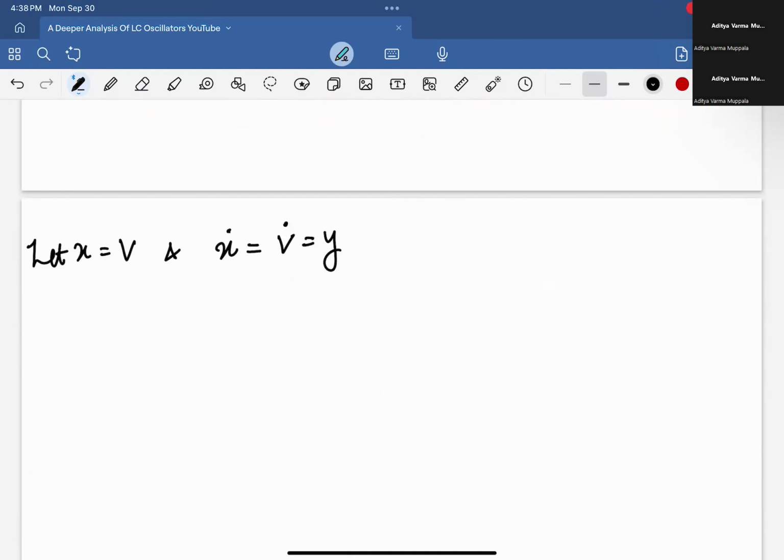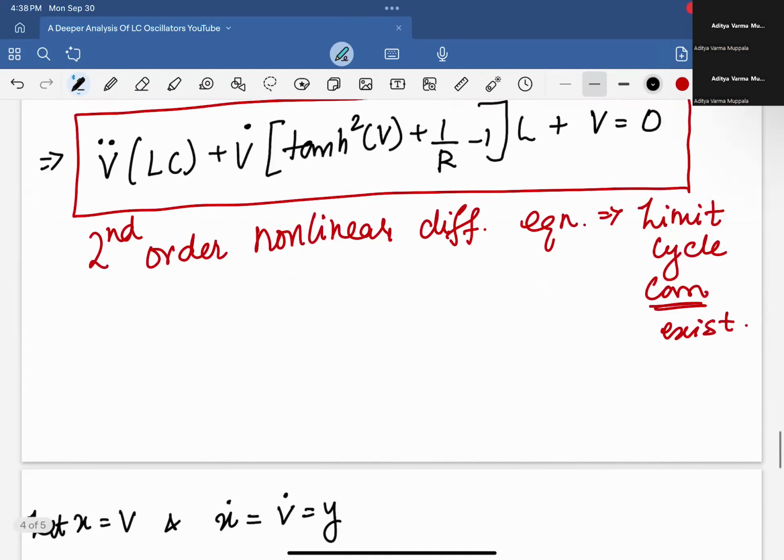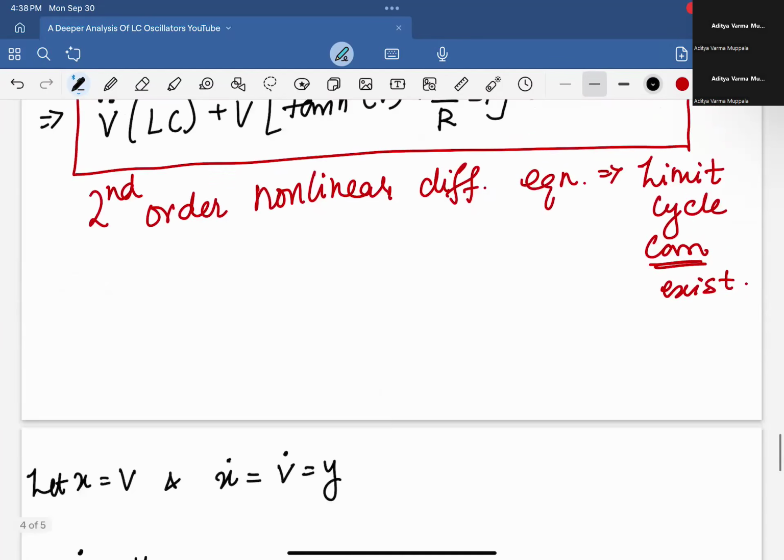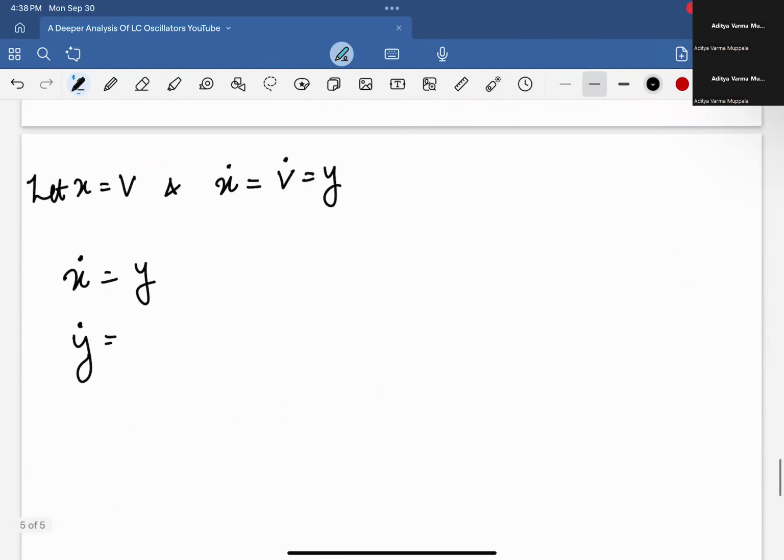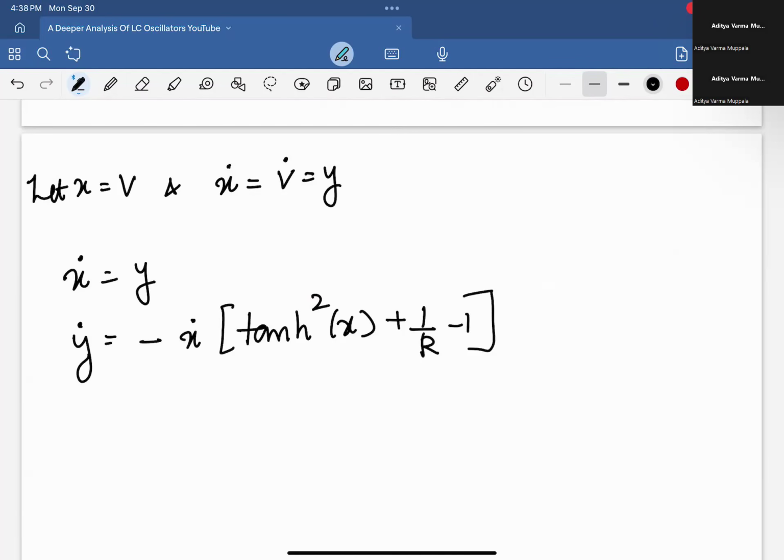So the two coupled equations would be x dot equal to y, and y dot, which is now x double dot, which is this equation up here, I can write as minus y times (tanh squared of x plus 1 over R minus 1), all of this divided by C, minus x over LC.